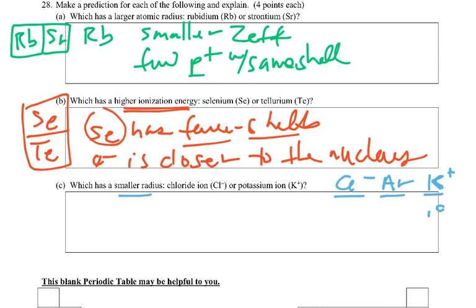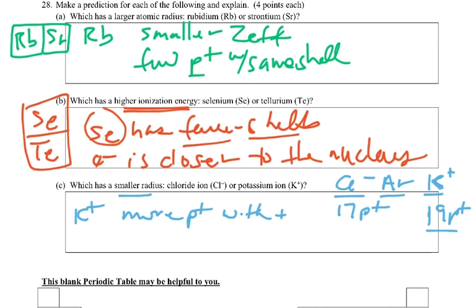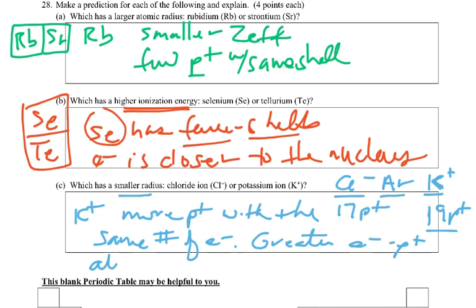Potassium has 19 protons, whereas chlorine only has 17 protons. So the more protons you have, the smaller your radius is going to be. So the answer is potassium ion, because it has more protons with the same number of electrons. It's going to have greater electron-proton attraction, and that will make it smaller.